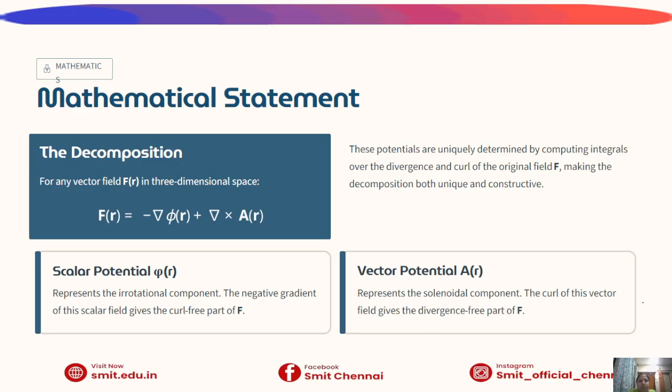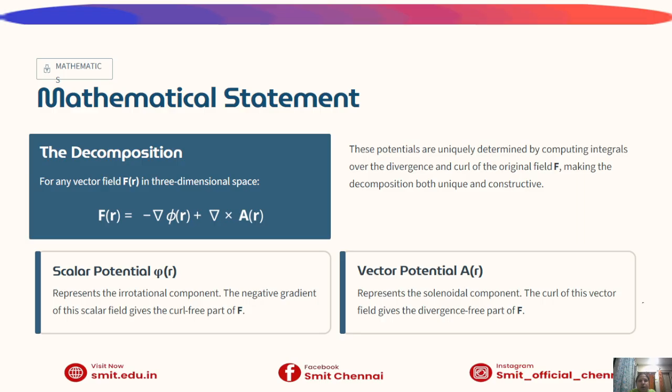In that, first we see about the scalar potential. The scalar potential pi represents the irrotational component of the vector field. By taking the negative gradient of pi, we obtain the curl-free part of the field. In electrostatics, the electric potential is a scalar quantity measured in volts and the electric field is obtained as the negative gradient of this potential.